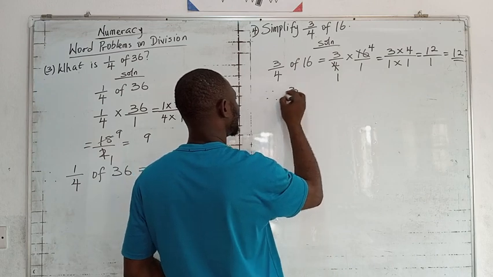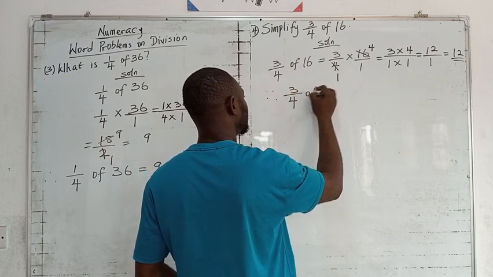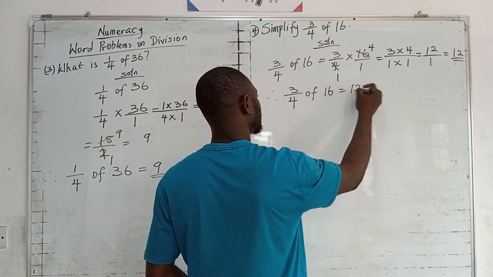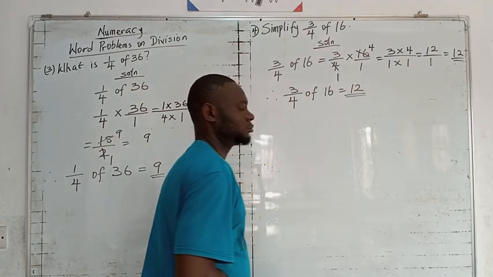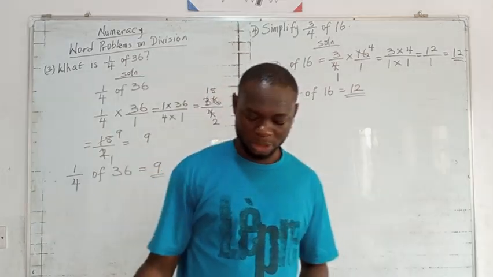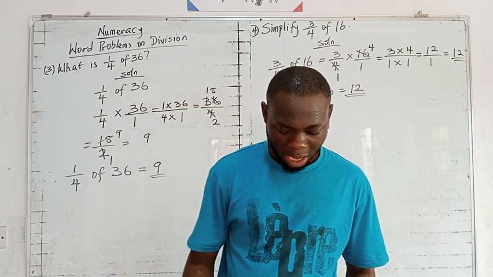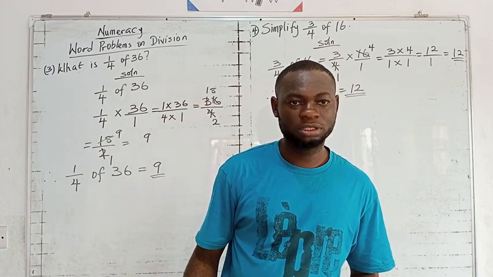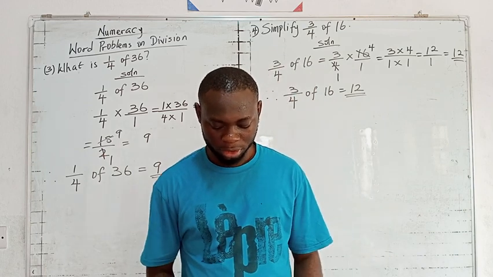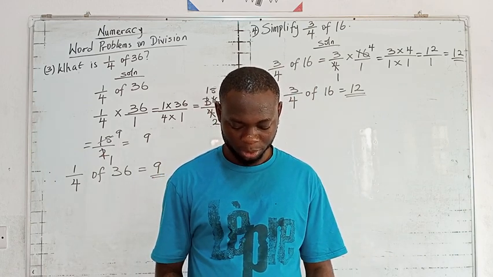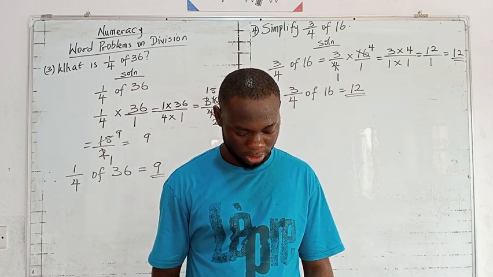Therefore, 3/4 of 16 equals 12. Okay? So this is all about the application of division in solving real life problems.